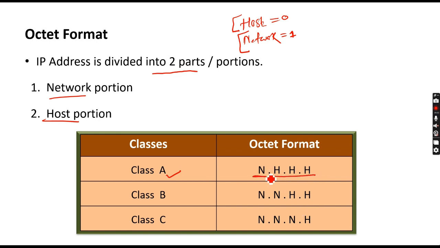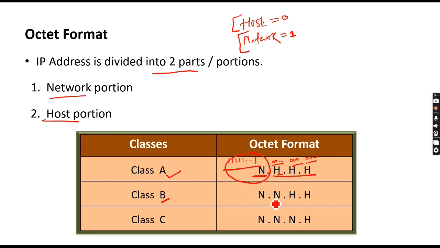In the sense, the network part is 8 ones, and the host is 8 zeros, 8 zeros, 8 zeros. So 8 ones plus 24 zeros, 32 bits. The network part cannot be changed, but the host part can be changed based on our requirement.